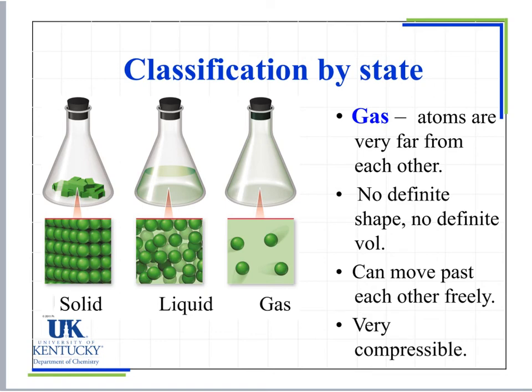Because they are far from each other, you can compress them and make them have less volume. You can compress them further until you reach the liquid state to change the volume. And they also don't have a definite shape. If you think about the same example, a balloon that has air in it, you can squish it, so you can change the volume, you can compress it.